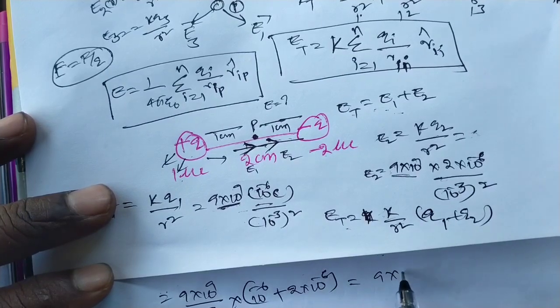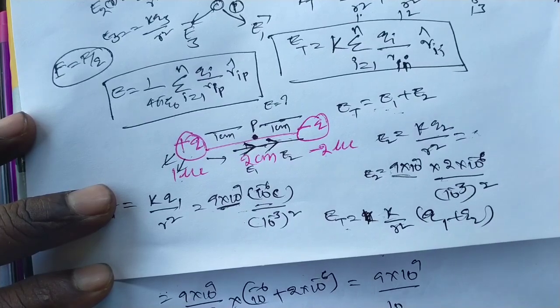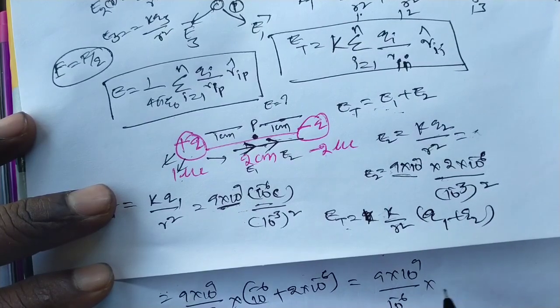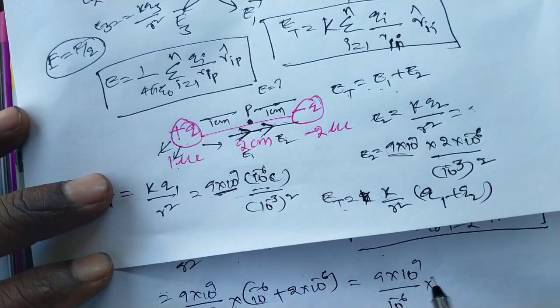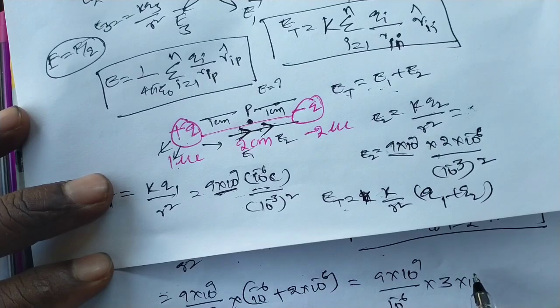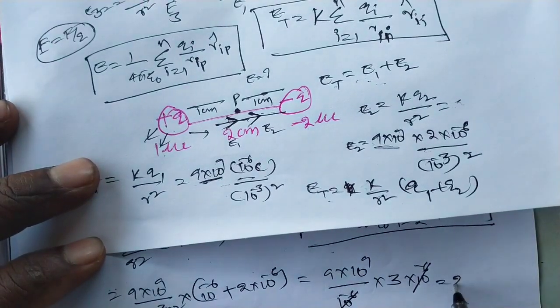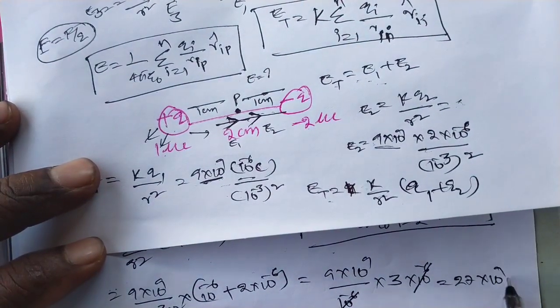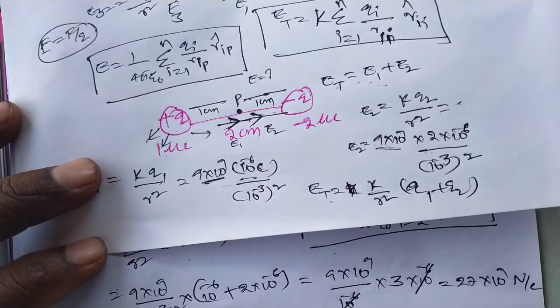So 9 into 10 to the power of 9 by 10 to the power of 3 squared, that is 10 to the power of 6, into 3, 2 plus 1, 3 into 10 to the power of minus 6. Minus 6 cancels. 9 times 3 is 27 into 10 to the power of 9 Newton per coulomb.